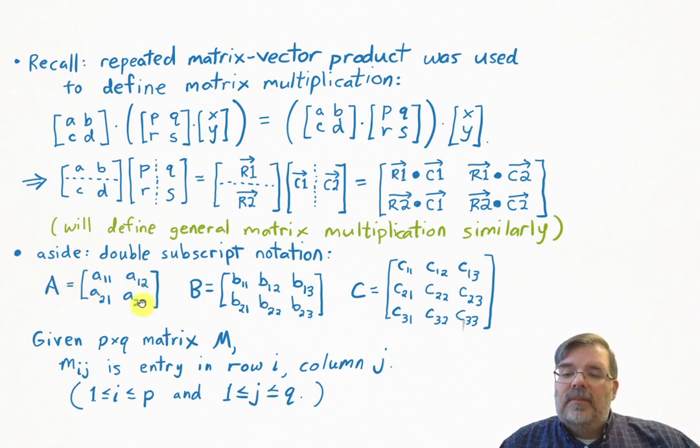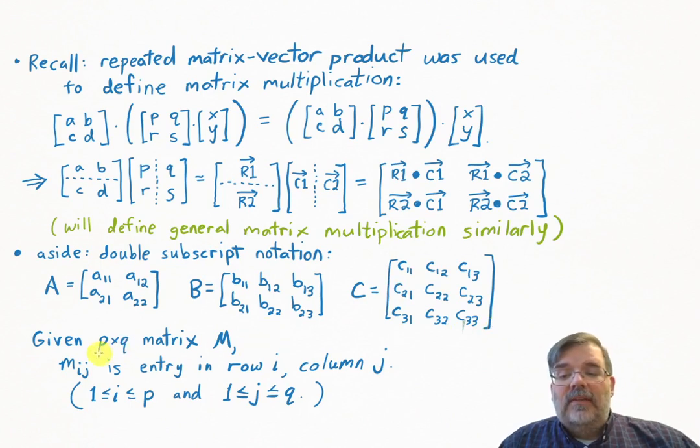The entries in the matrix will use the lowercase version of that letter. And the way we would read these numbers, we'd read them as 2 separate numbers. So this is A11, A12, A21, and A22. Not A eleven, A twelve. And similarly for B and C, we would label the entries as so.